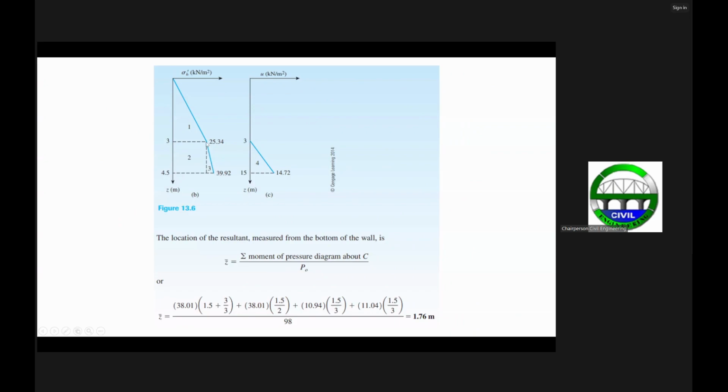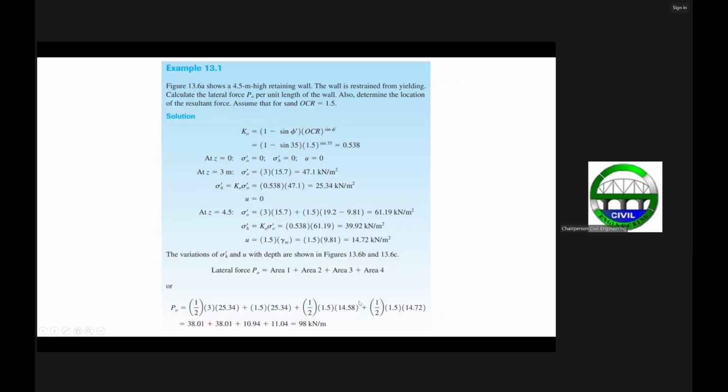Plus the area of this triangle. That's 1/2 of 1.5 times this length here, which is 39.92 minus 25.34. That's equivalent to 14.58.